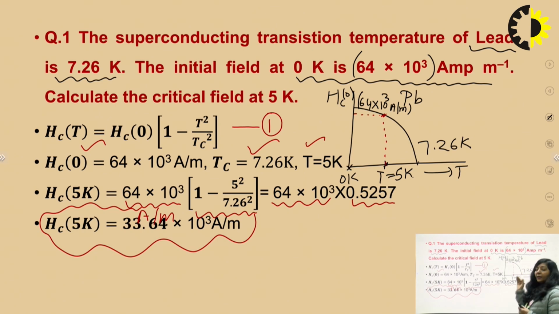So obviously, at 5 Kelvin, the critical magnetic field will have a lesser value than Hc naught. That value is 33.64 into 10 raised to power 3 ampere per meter. So this is the method to find the critical field at any given temperature which is less than the critical temperature of the given superconducting material.